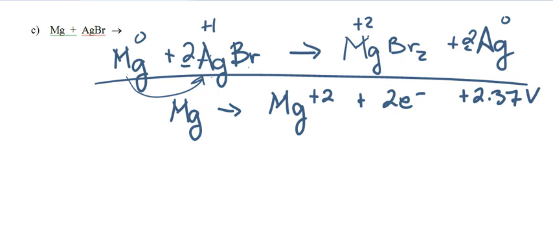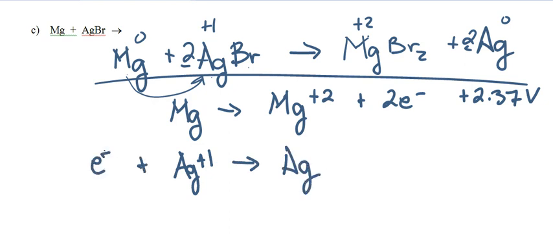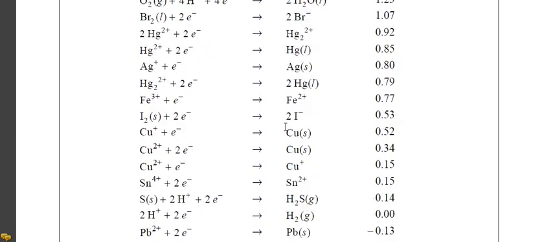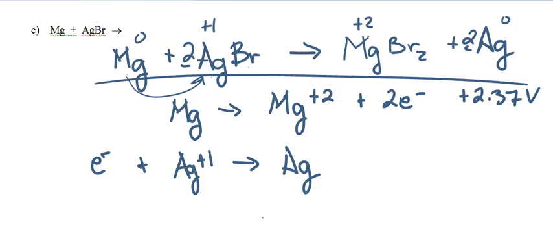And the silver, that has a +1 charge, going to solid silver, means that it is gaining an electron. Again, make sure the charges add up on both sides. So when we come over to silver, and that's near the top, it has a positive 0.8 voltage.